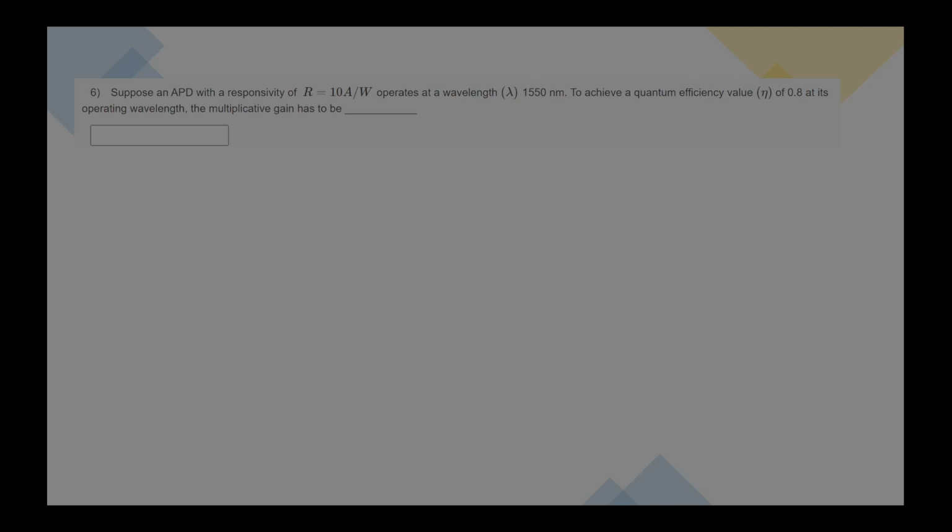To achieve a quantum efficiency eta of 0.8 at its operating wavelength, the multiplicative gain would be. Again, this is a numerical question. You can solve it very easily if you follow the APD lecture on responsivity and response time.